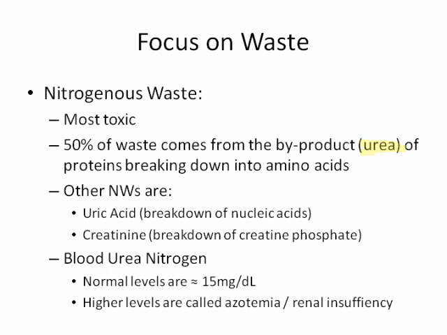Typically, the levels of nitrogenous waste within the blood are extremely low. You have 15 thousandths of a gram of urea found within a tenth of a liter of fluid. Extremely low amounts of urea are found within the blood.